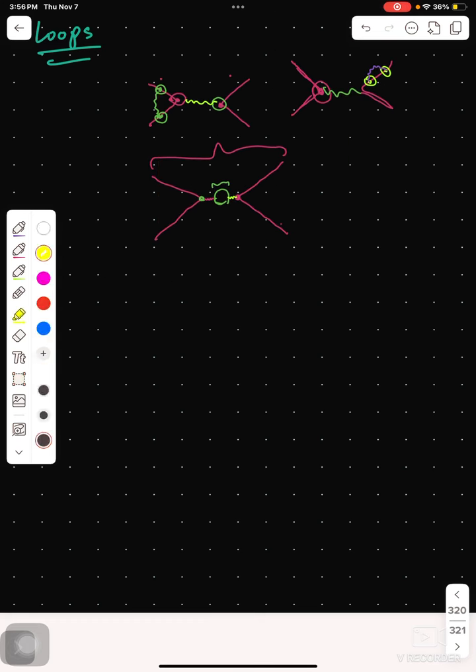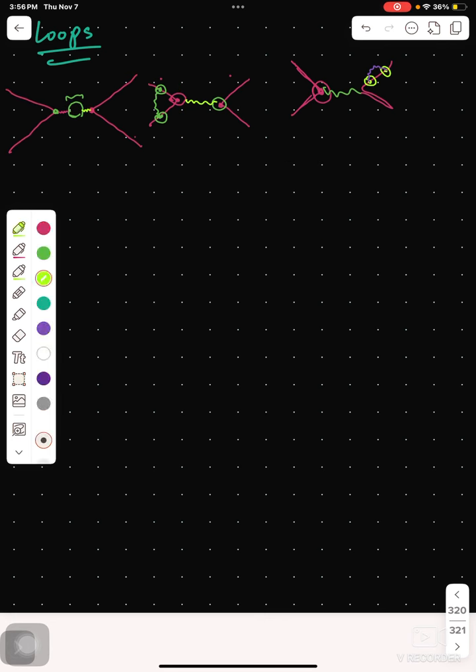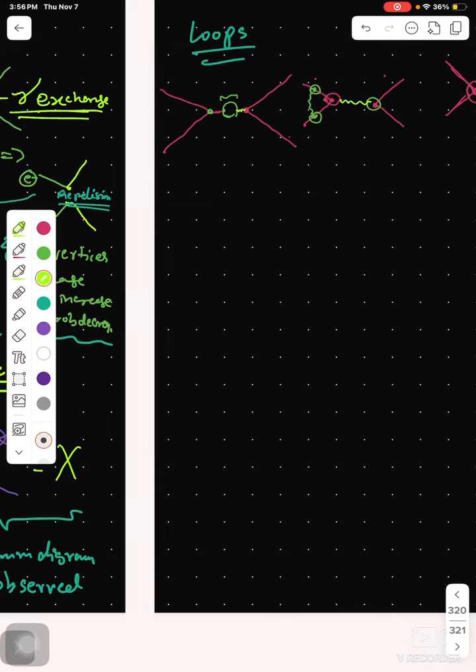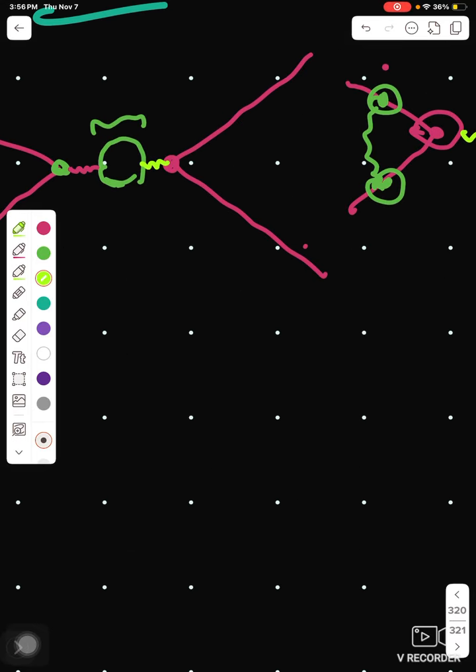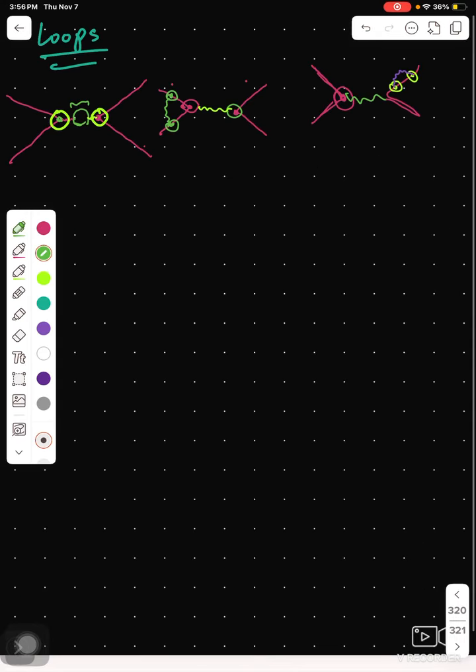For simplicity I'll just curve it for more space. Let me circle this and draw the arrows as well.